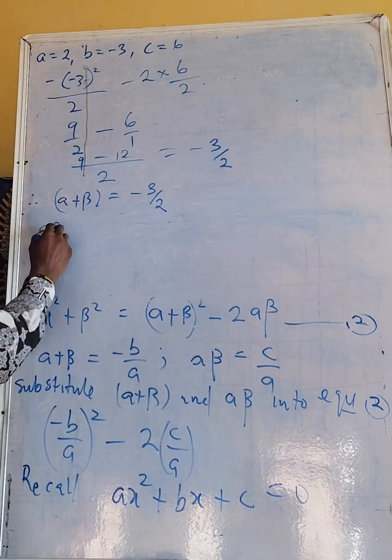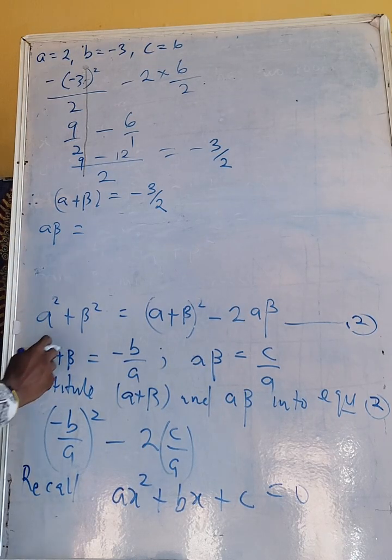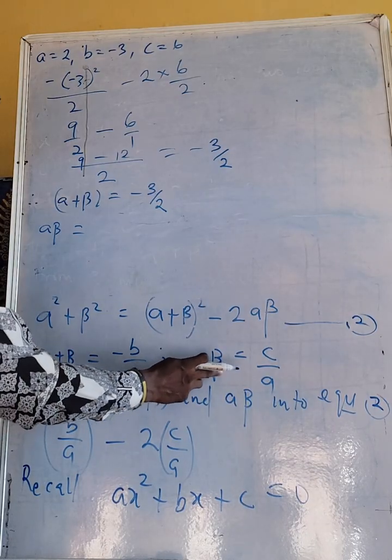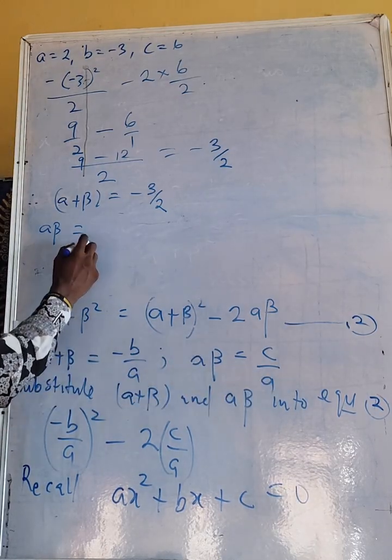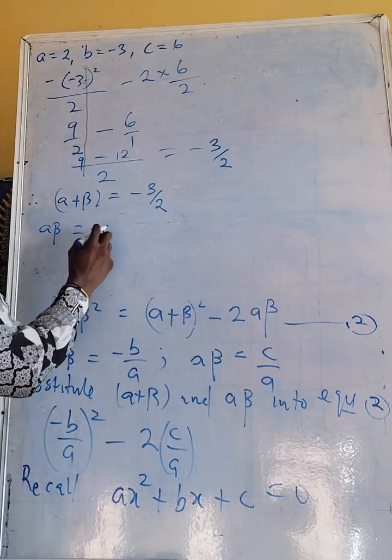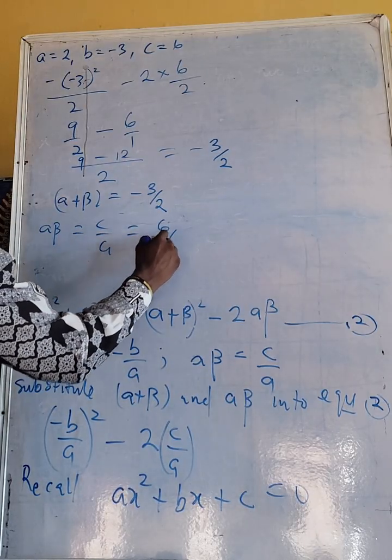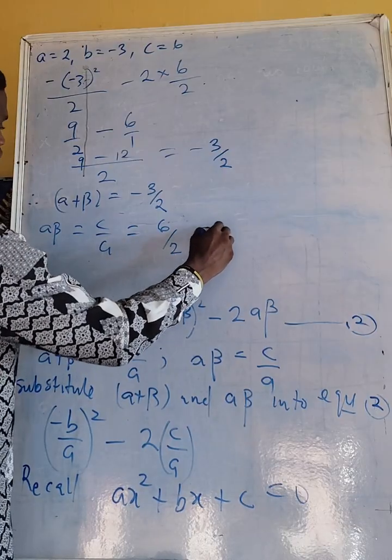Then alpha beta, remember that alpha beta is c over a. So we now have c over a, which is equal to 6 over 2, which will give you 3.